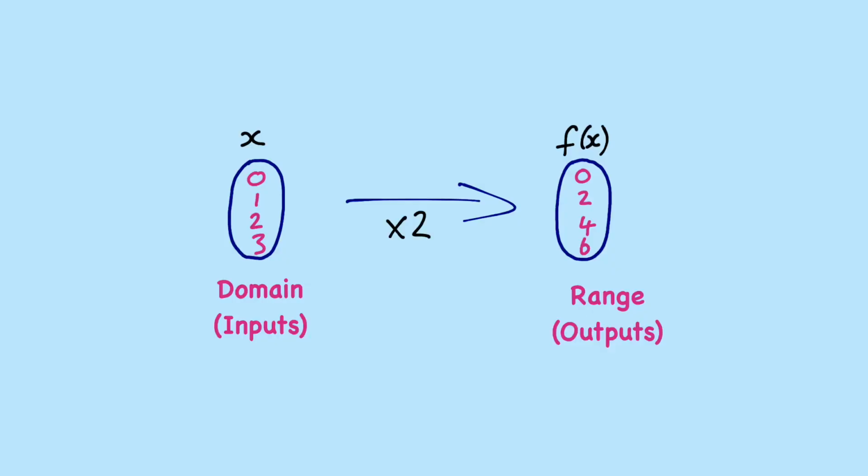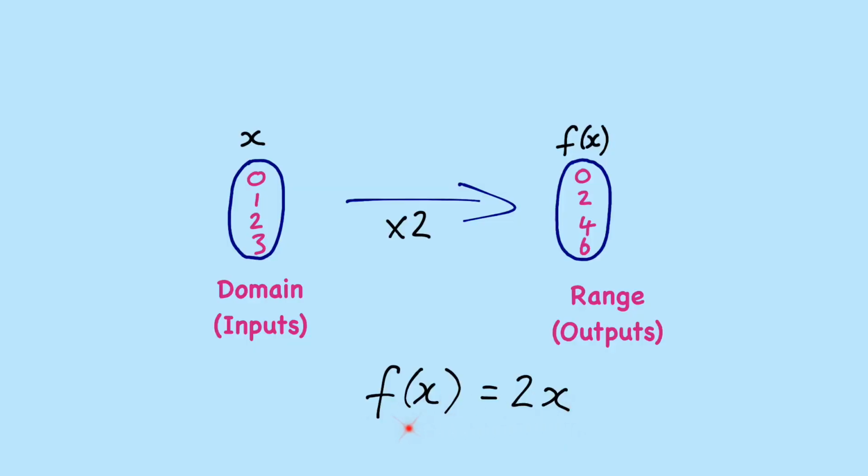So to each x value in the domain, the function multiply by 2 has been applied, which gives the corresponding f of x values for the range. So instead of writing y equals 2 times x value, we will write f of x equals 2 times the x value.